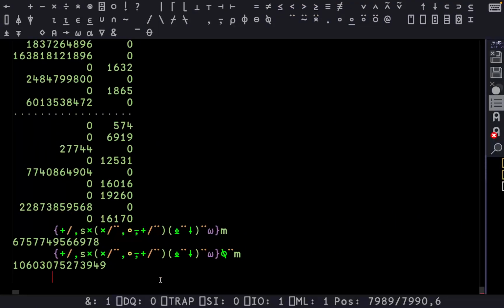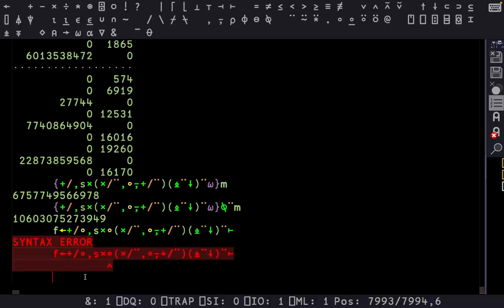Okay, so now all that's left is cleaning this up a little bit. Looking at it, this can be a train with a couple modifications. So let's do, for each right tack, we need a jot here and a jot here, and we'll call that function f.